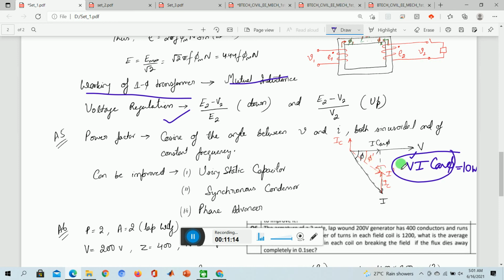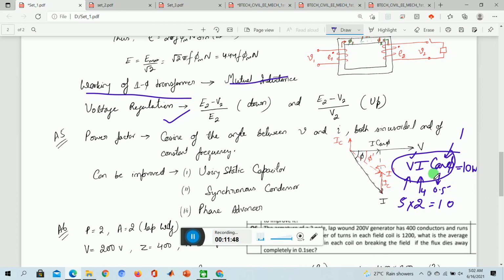If cos phi is 1, suppose my V value is 5 and the current is 2, then 5 into 2 I will get 10. Now if cos phi is 0.5, I have to make the current 4. So you can see that if the cos phi value decreases, my current value increases for the same load.